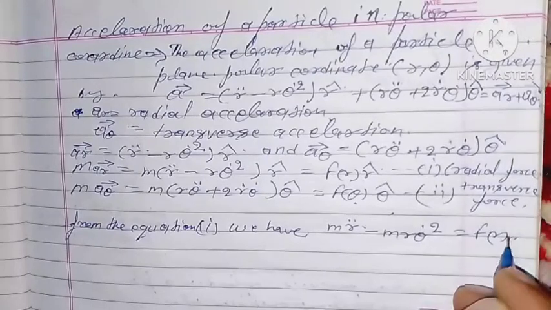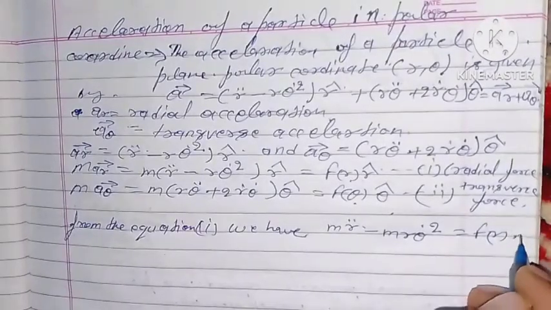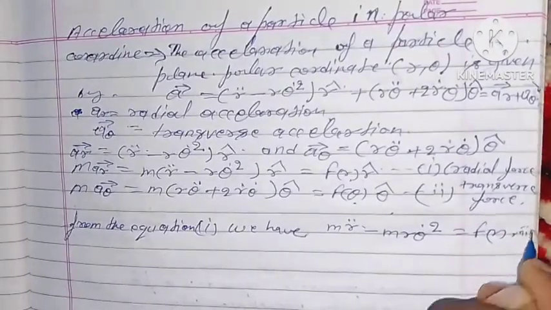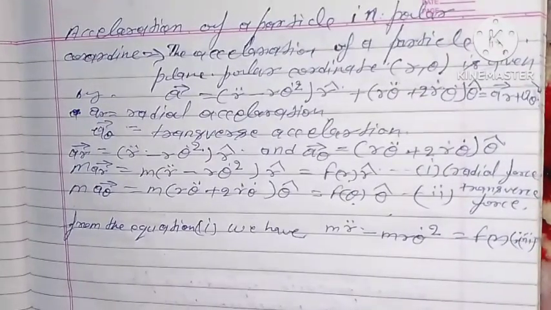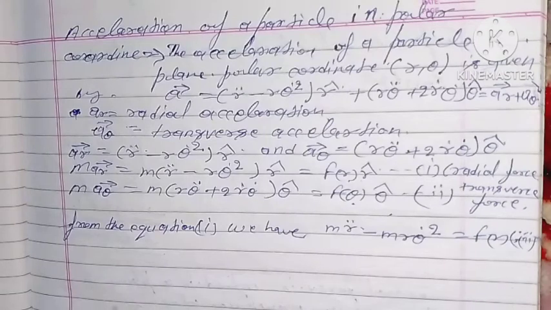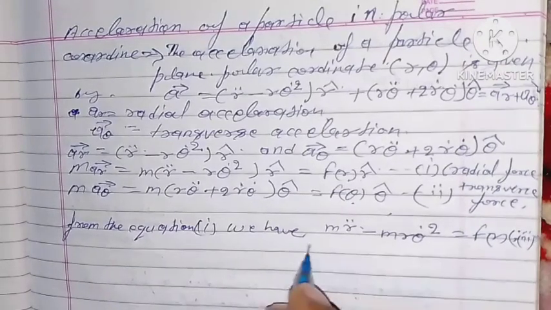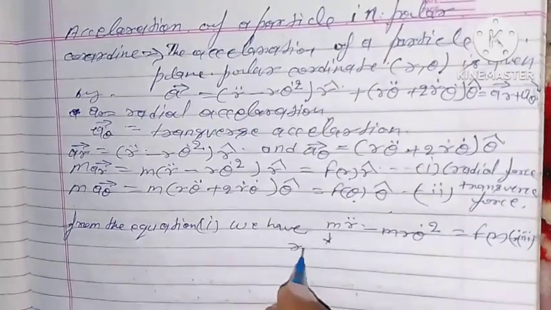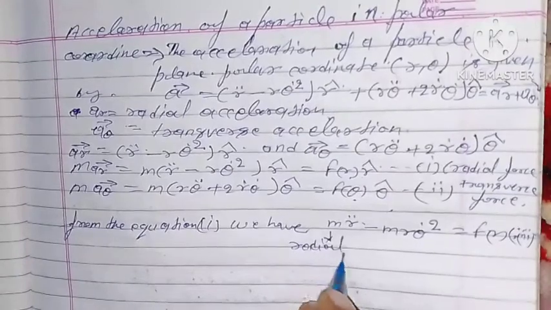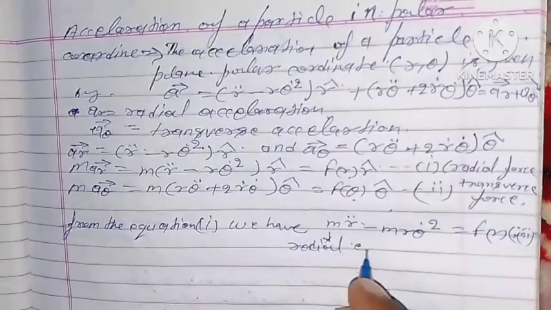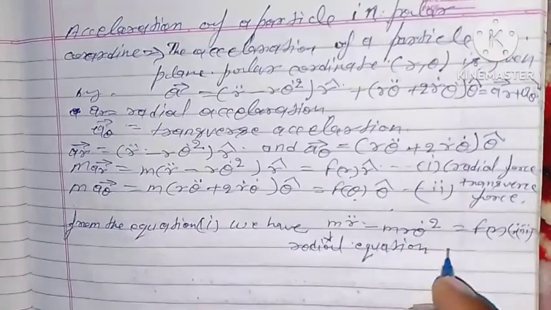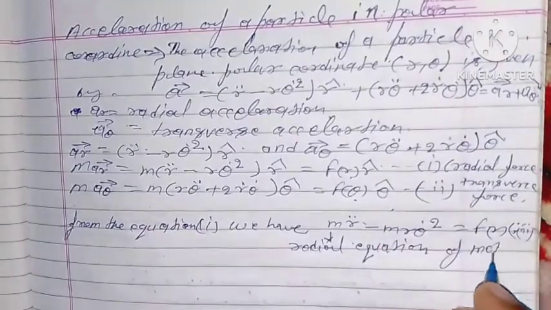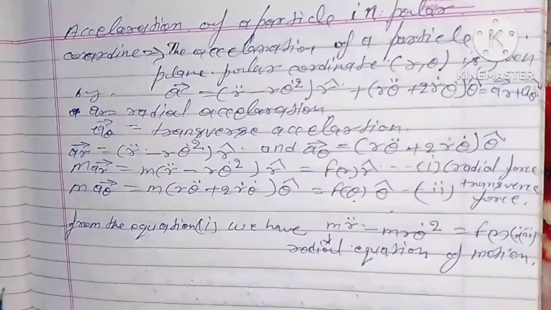This is equation number 3. This equation is known as the radial equation of motion.